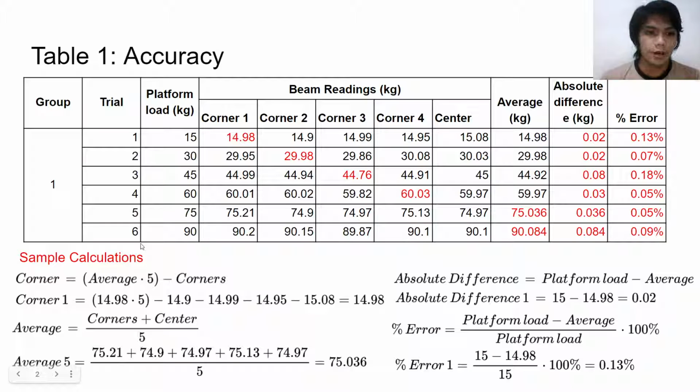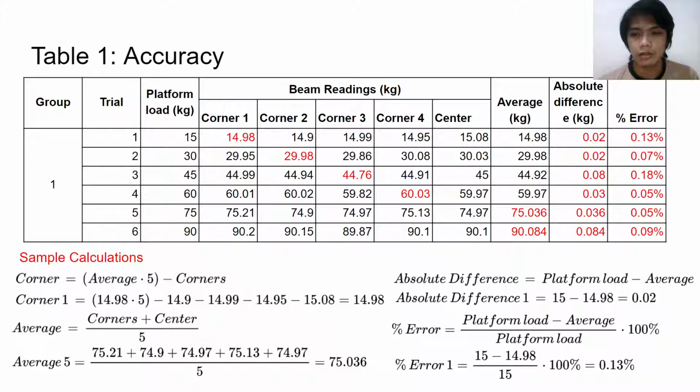So the average mass for trial number 5 is the sum of the corners plus the center, which are 75.21, 74.9, 74.97, 75.13, 74.97, all divided by 5. So the average for trial number 5 is 75.036.